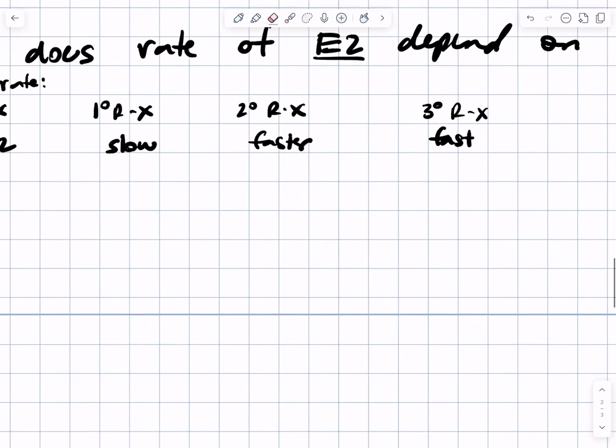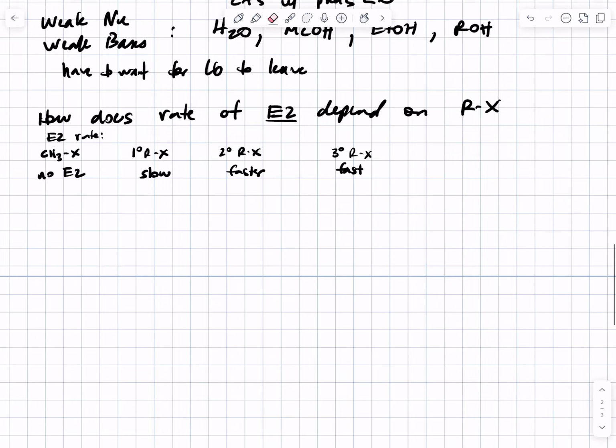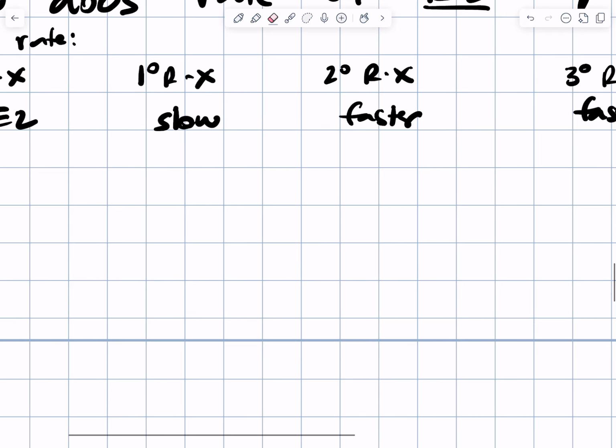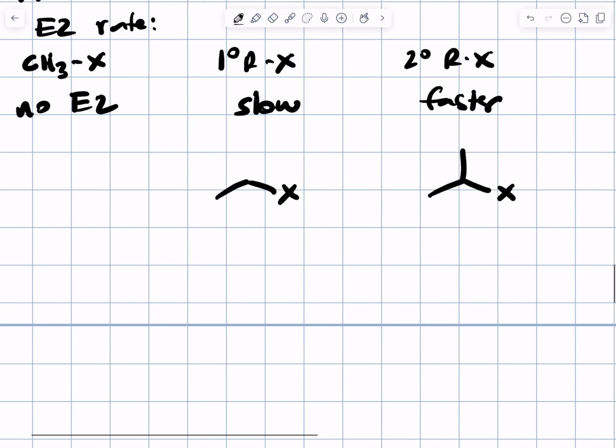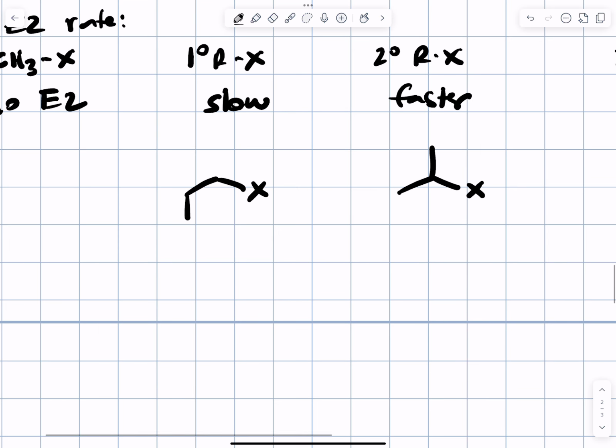All right, let's talk about why the E2 rate accelerates for primary versus secondary alkyl halides. So I'm going to draw a primary and a secondary and a tertiary alkyl halide. And we're going to identify the beta protons.